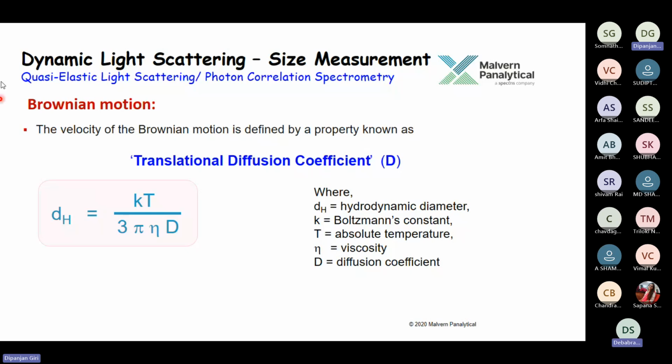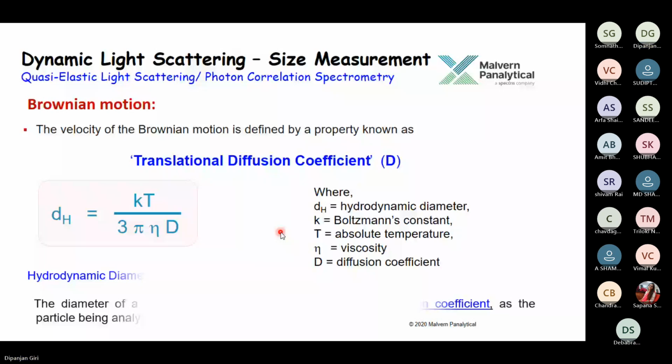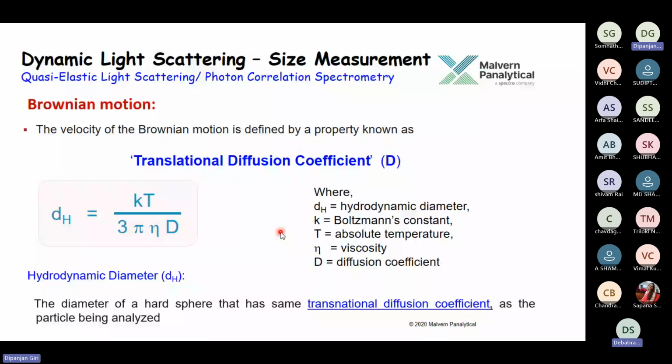You can see the parameters here: T is temperature, eta is viscosity, D is the diffusion coefficient, and d is the hydrodynamic diameter. Now, if we are able to derive this translation diffusion coefficient, then the particle size can be obtained from this equation.